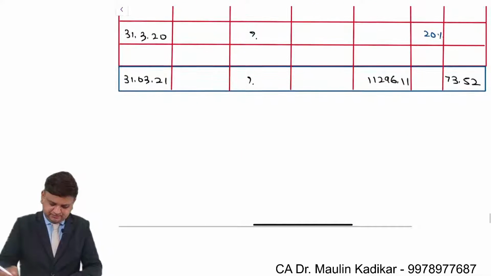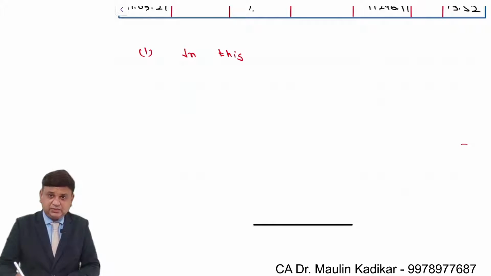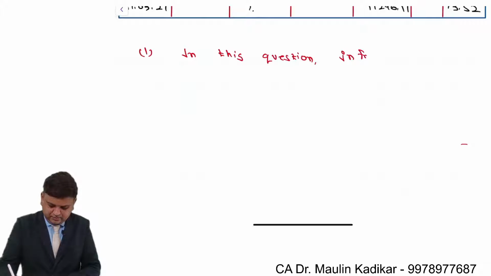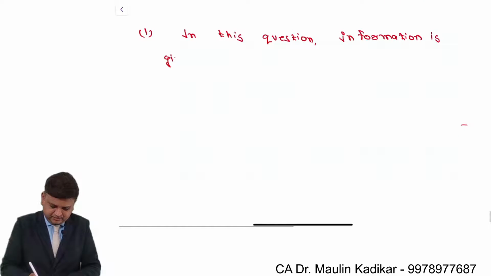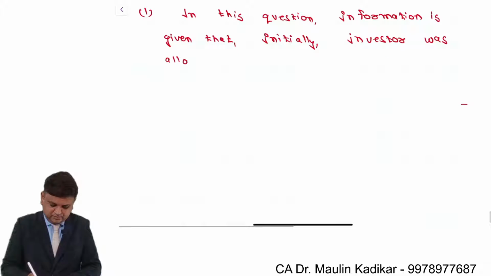So write down a note for the answer. First point, in this question, information is given that initially investor was allotted 10,000 units.